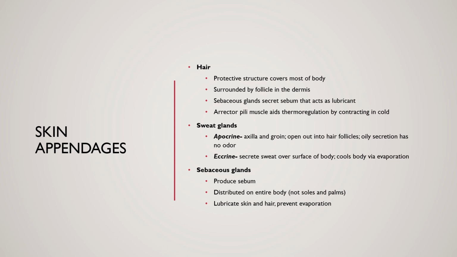And again, that odor comes when it comes into contact with bacteria. And then we have sebaceous glands. These produce sebum. They are distributed on the entire body, except again for the soles of the feet and the palms of the hands. And they lubricate the skin and hair and prevent evaporation when that option is needed.